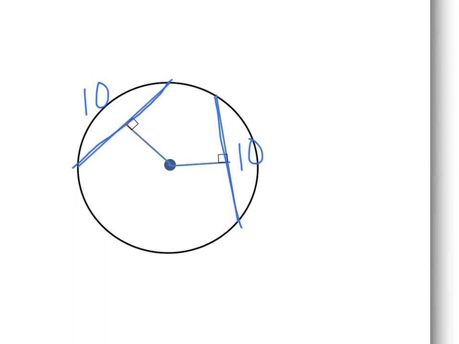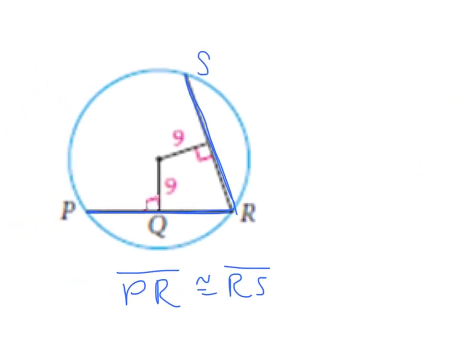Therefore, if I told you this distance was 5, then you could conclude that this distance is also 5 because they have to be equidistant from the center. So here you're given that two chords are congruent, so you know that they're equidistant. Here you're given two chords are equidistant, so you know that they're congruent.